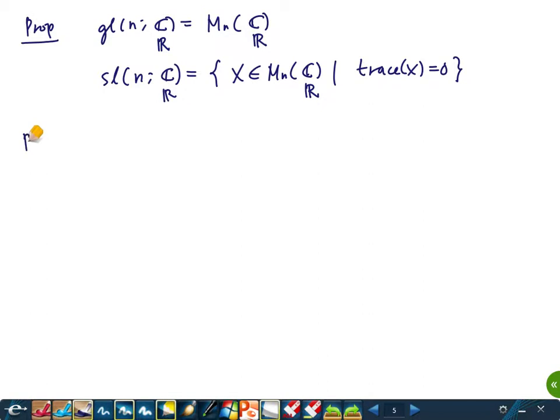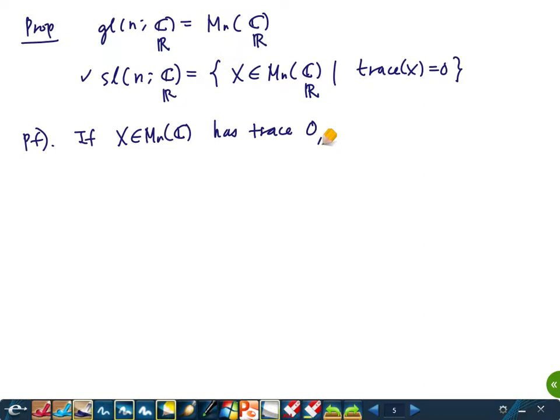Let's prove one of these. Let's prove this. Suppose X has trace 0. What happens?